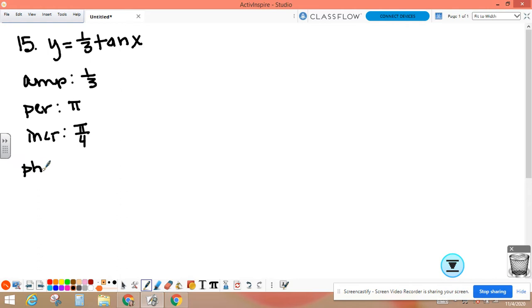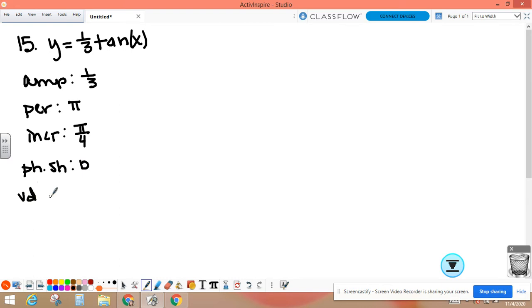Your phase shift is the thing that you had wrong. And here we go with, I can't use this thing to write very well. So phase shift, you had pi, but all that we have behind the tangent is an x. So if we called that a set of parentheses, then we would say x equals 0. And when you solve, you get 0. So your phase shift is just 0.